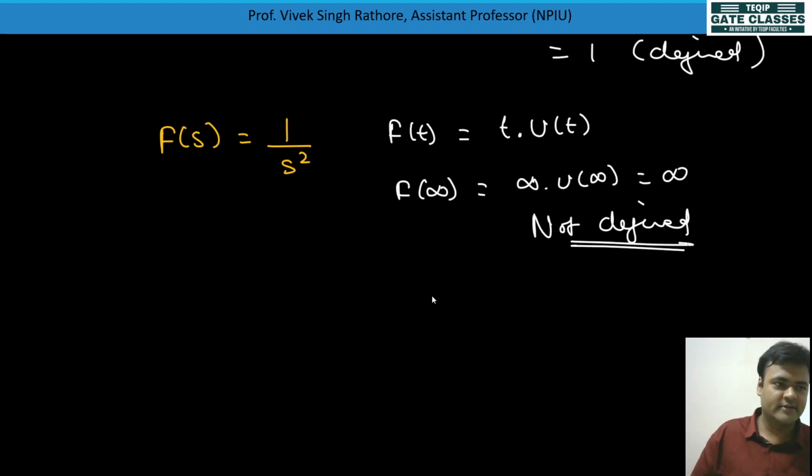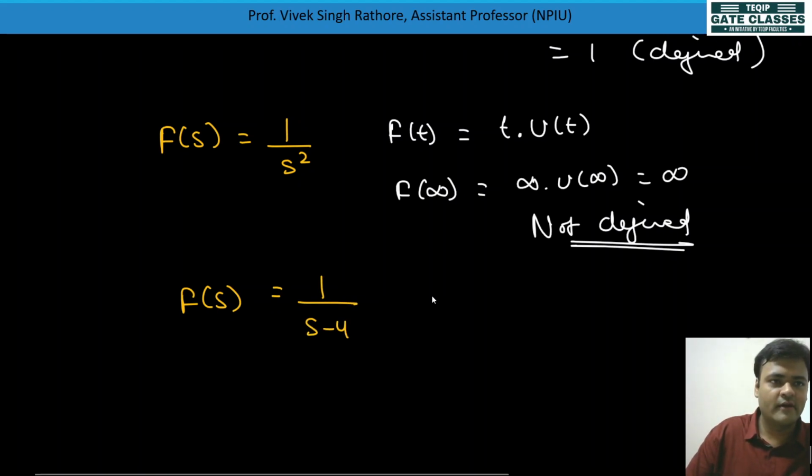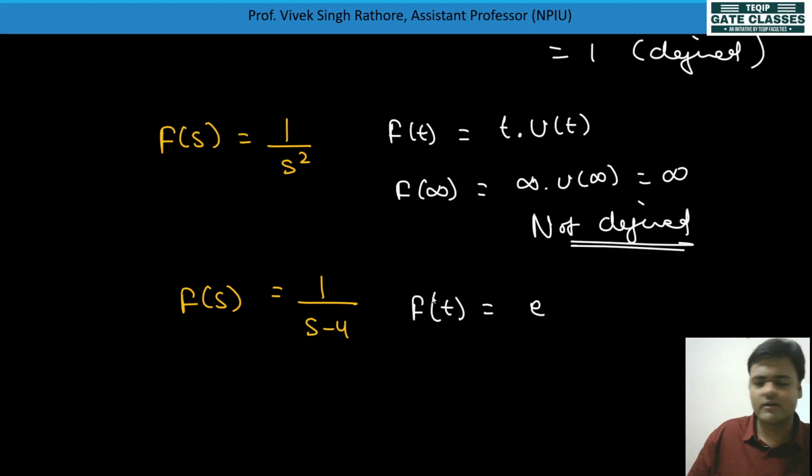Now you'll understand what I was about to say. This final value is not able to be understood. So if I tell you s minus 4 will be there, and f of s is 1 by s minus 4, f of t will be e to the power 4t into u of t.